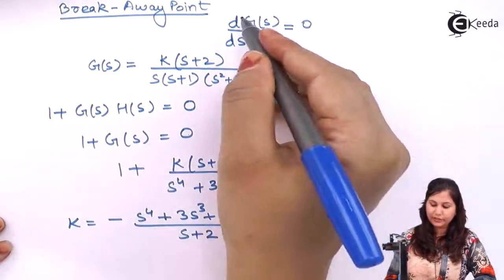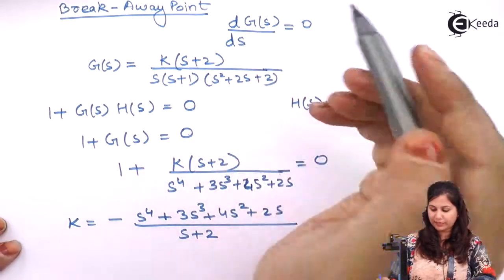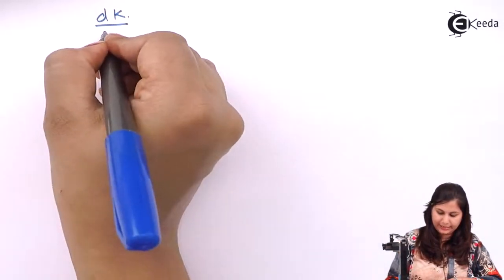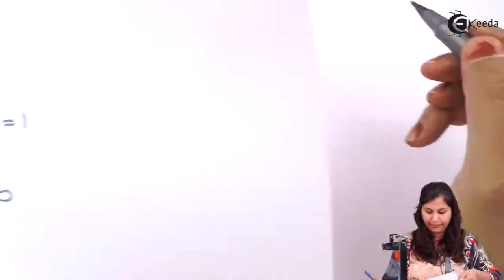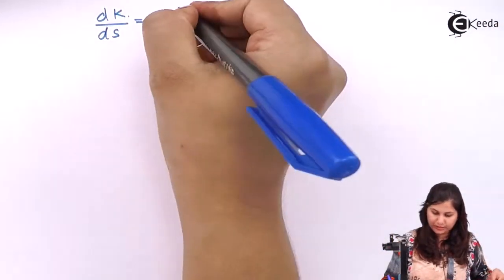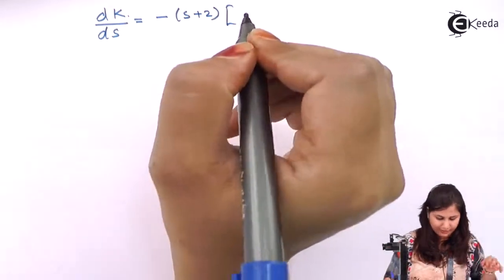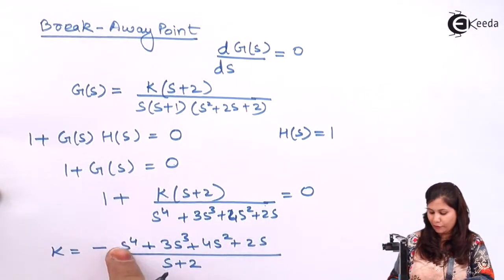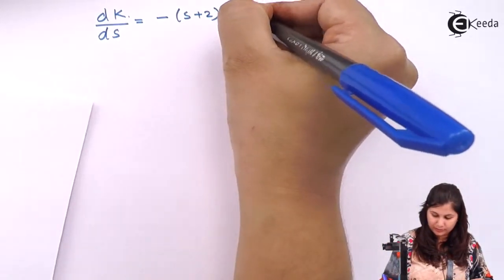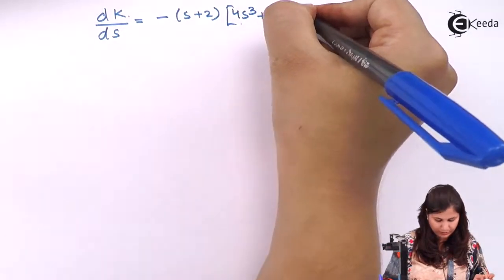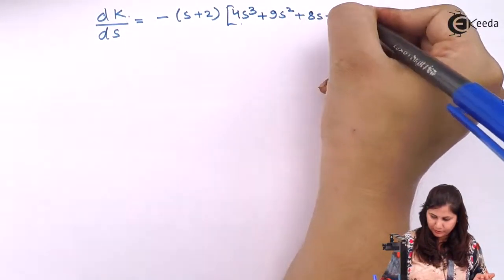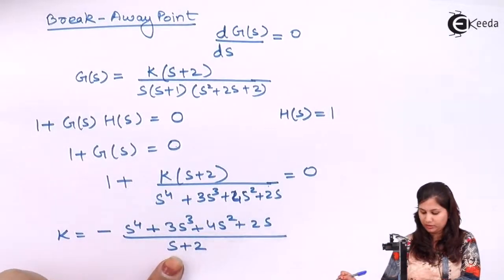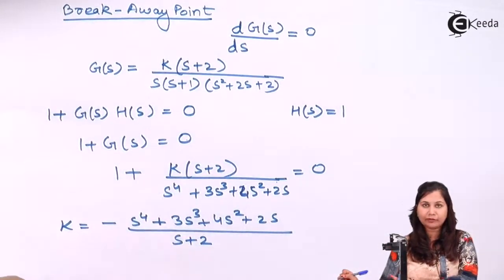Now instead of differentiating G(s) with respect to s, we can also differentiate this K. So dK by ds is minus, we have this (s plus 2) multiplied by the differentiation of s to the power 4 plus 3s cube plus 4s square plus 2s, which is 4s cube plus 9s square plus 8s plus 2, minus the differentiation of s plus 2, which is 1, and the remaining term will be as it is, multiplied with 1.